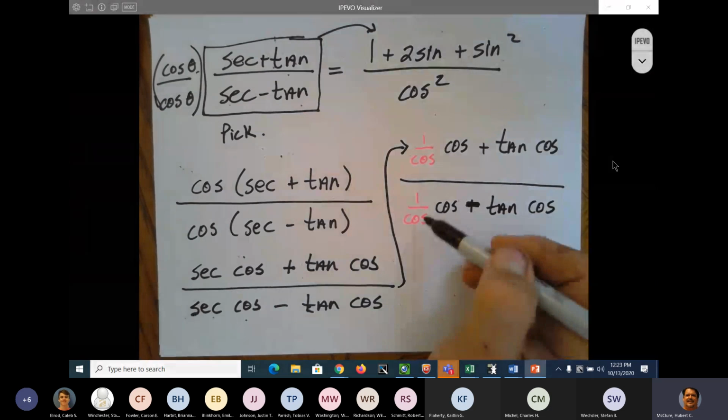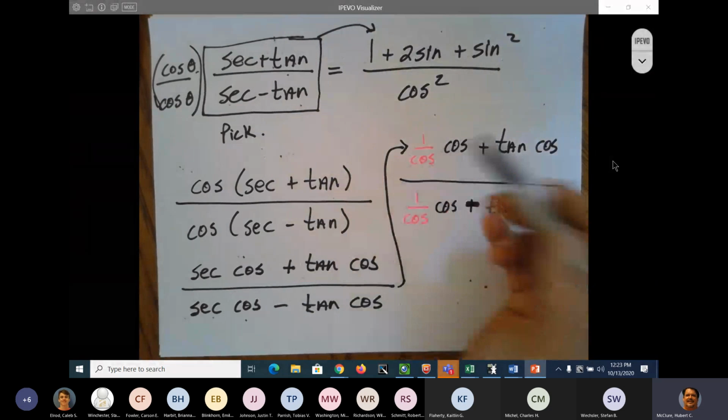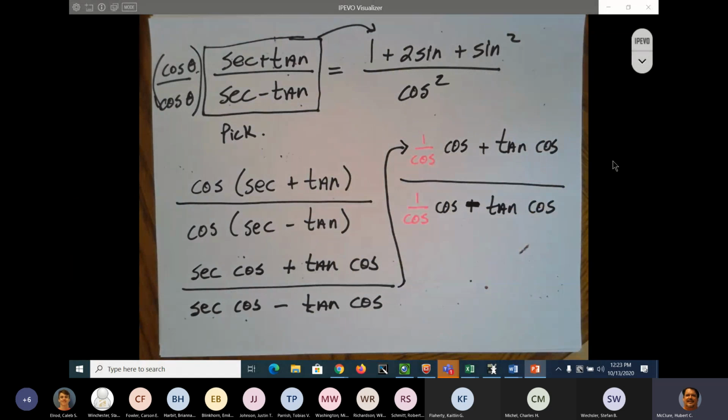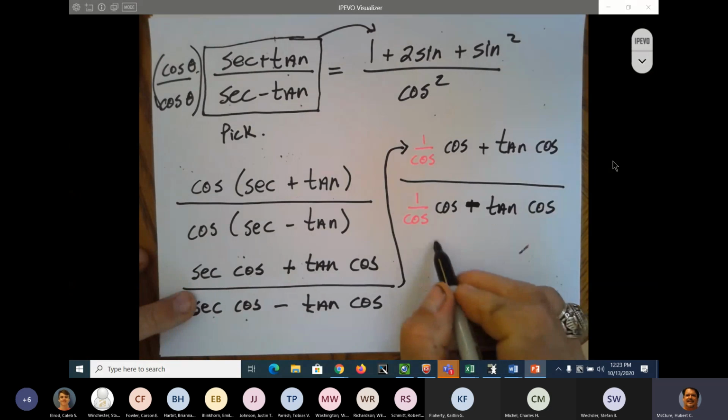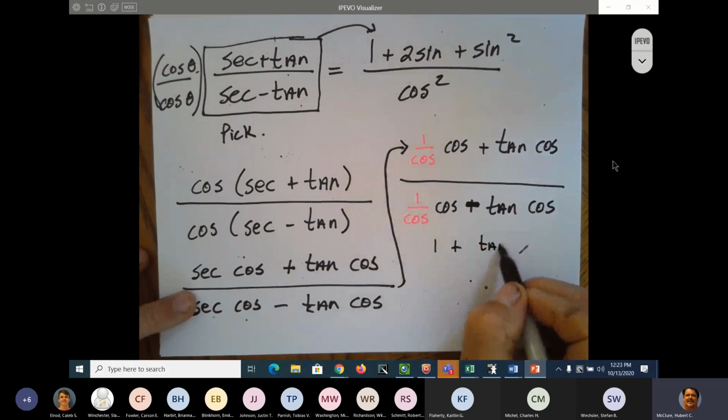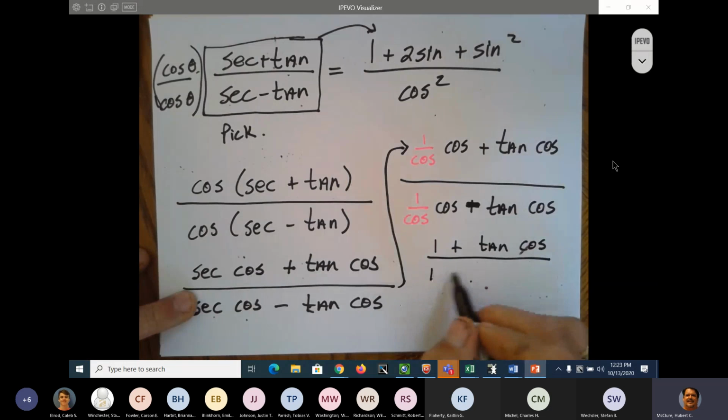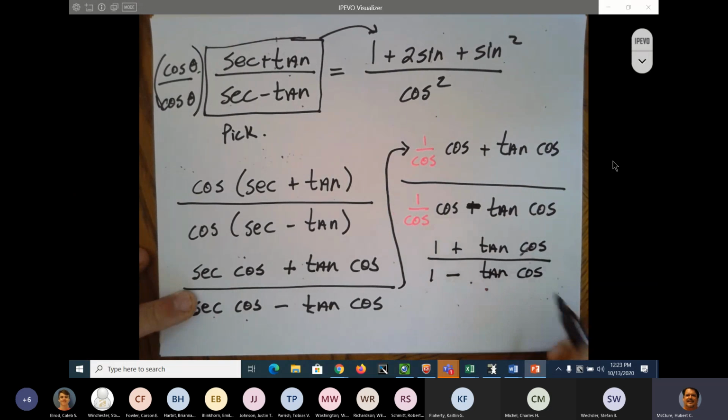And of course, you see the cosines go out. So that's going to leave me with 1 plus tan cosine over 1 minus tan cosine.